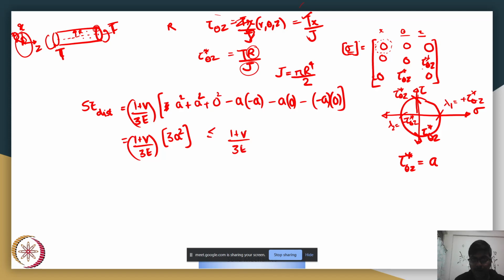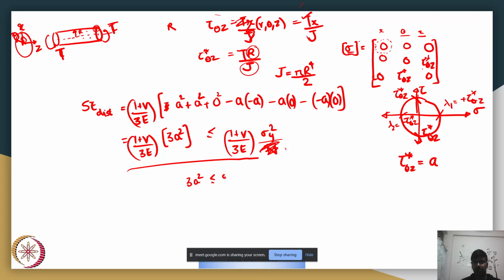Now, if you have a factor of safety, you just need to divide it here. If you do not have a factor of safety, you can use this just the way it is. From this, you can determine that your 3a square has to be always less than or equal to sigma y square by n, and a has to be always less than or equal to sigma y by root 3.